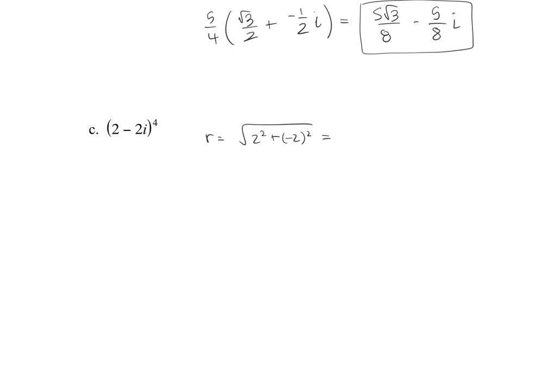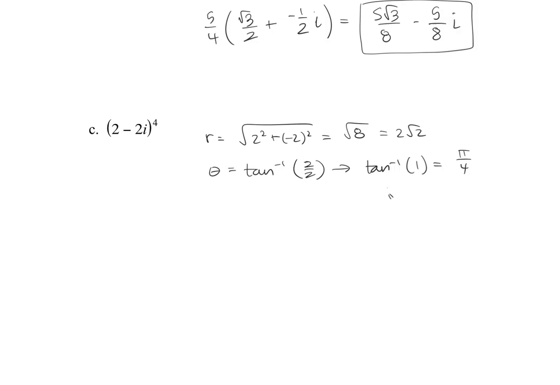This is the square root of 8, which is 2 root 2, and then we need theta, the inverse tangent of 2 divided by 2. This is the inverse tangent of 1, which happens at pi over 4. Now, this complex number is in quadrant 4.